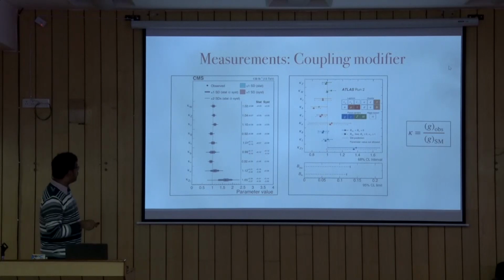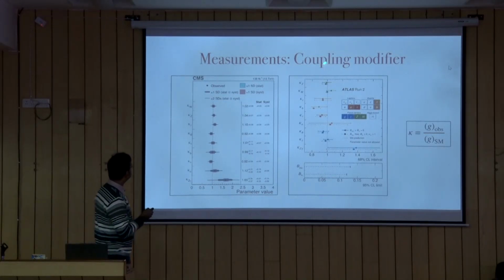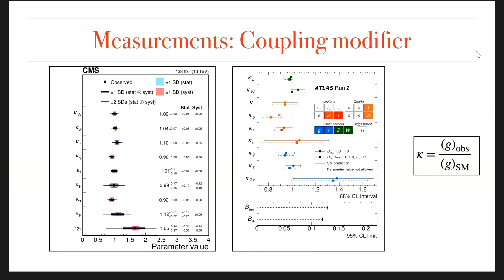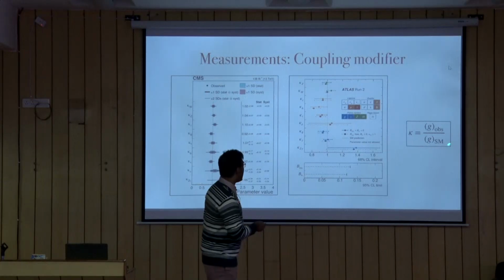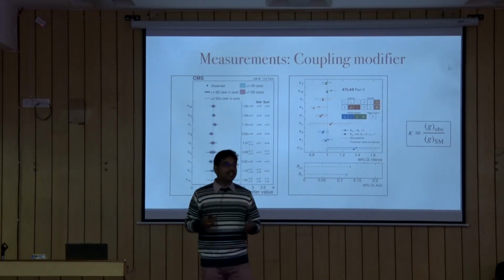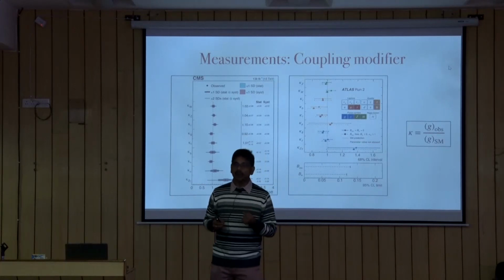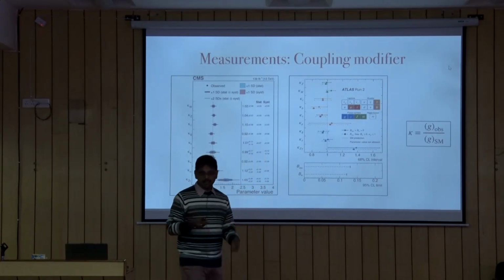Then there are also measurements of the Higgs couplings, and usually the way people parameterize it is once again via something called kappa, which is essentially the ratio of g observed by g SM, where g observed is the coupling that you actually could extract, and g SM is the coupling predicted from the standard model Higgs isodoublet.